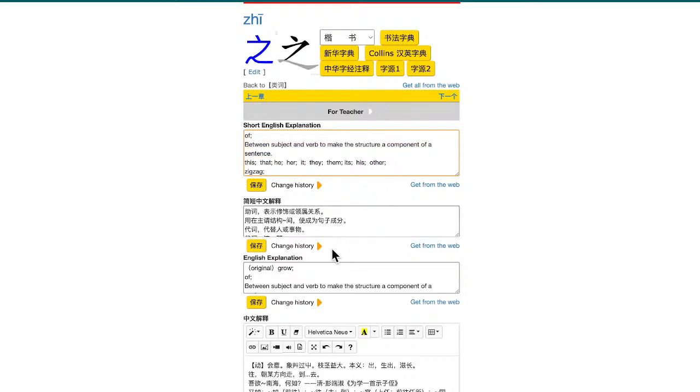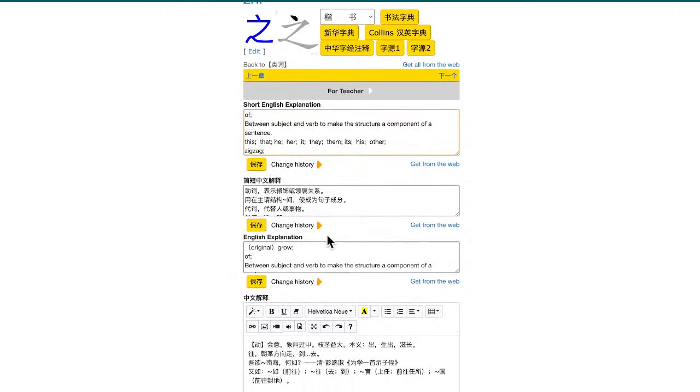Another purpose is as a pronoun, meaning this, that, or he, her, it, they, them, its, his, other. It could be any of those, so you have to decipher or interpret it according to its context.